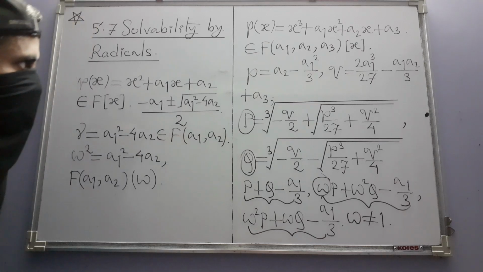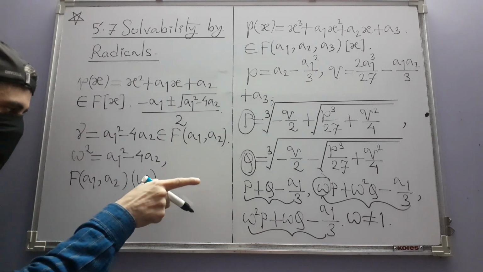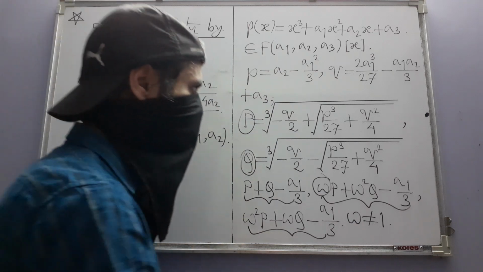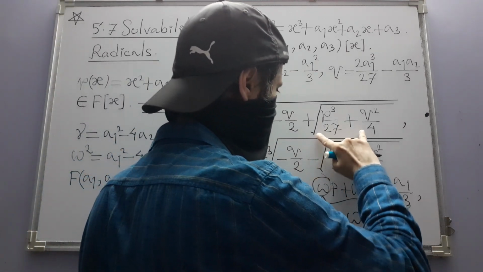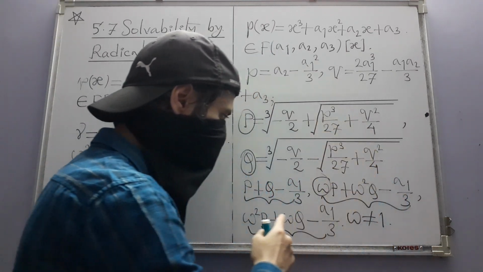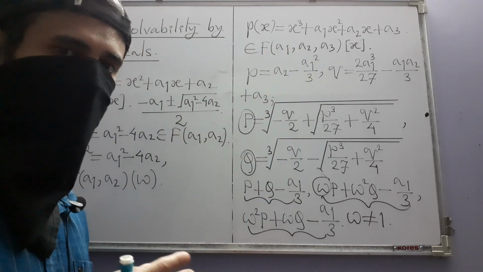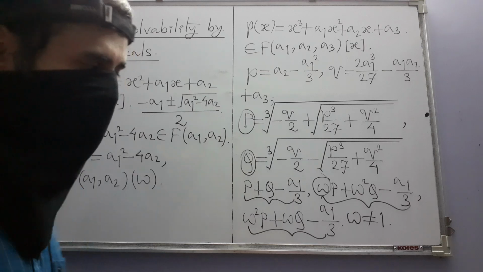So if you think of an extension in this case, it's not enough to simply attach the square root of this to this field. You also need to attach a cube root as well.